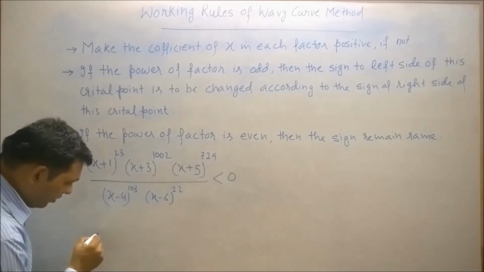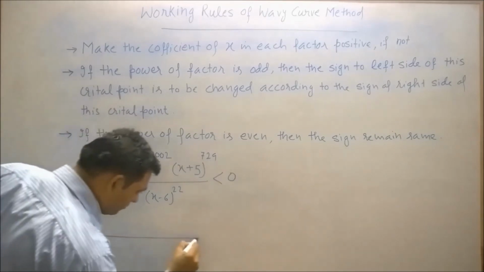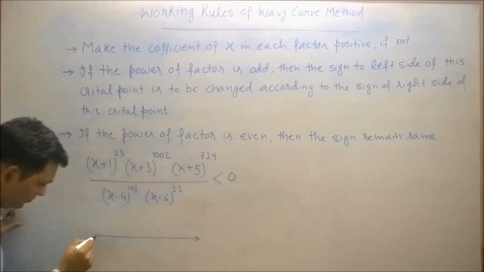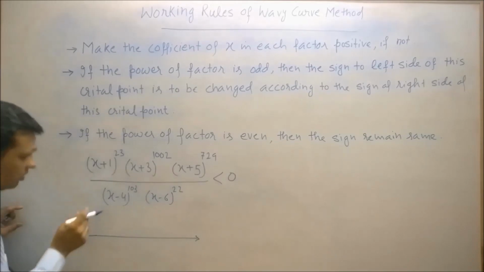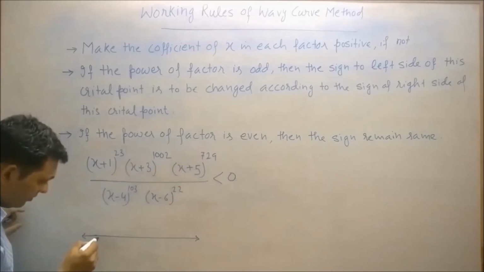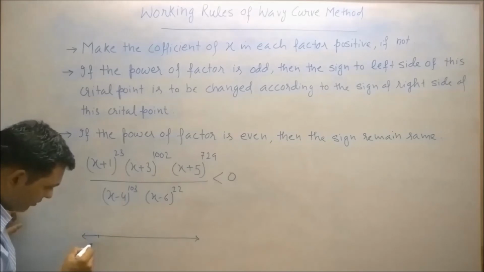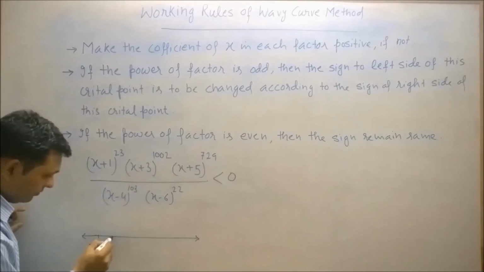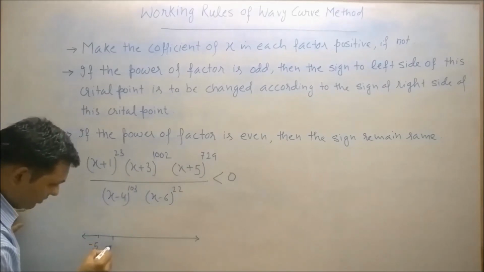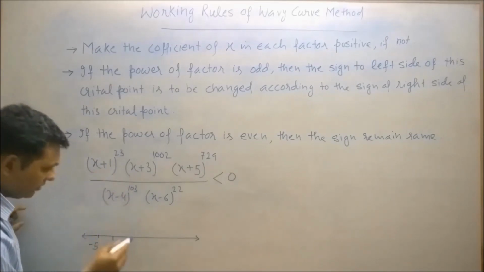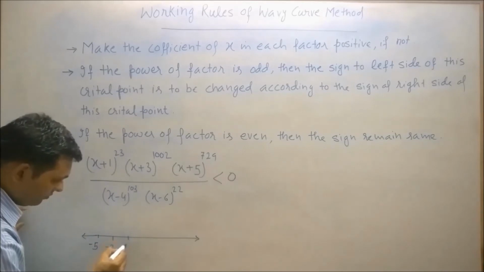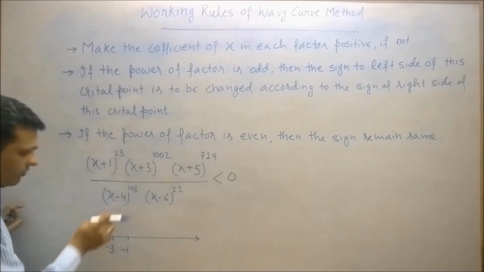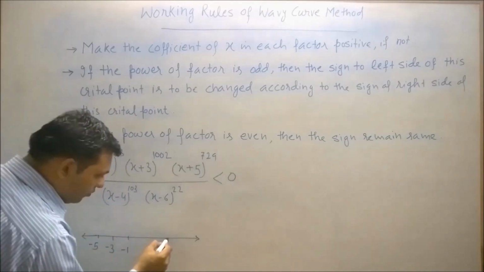Now we will draw a number line. Now mark this point. Let's say this point is minus 5. Let's say this point is minus 3. Let's say this point is minus 1. And let's say this point is 4.